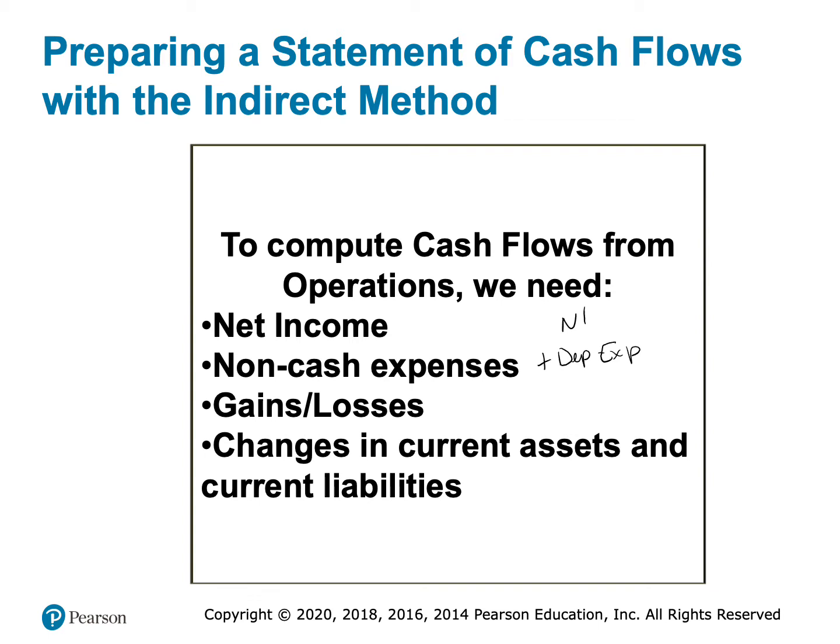Remember, we add gains and subtract losses on the income statement. So to undo those effects, I'm going to subtract any gains that I see, and I'm going to add back all losses. Essentially, I'm negating their effects on the income statement.